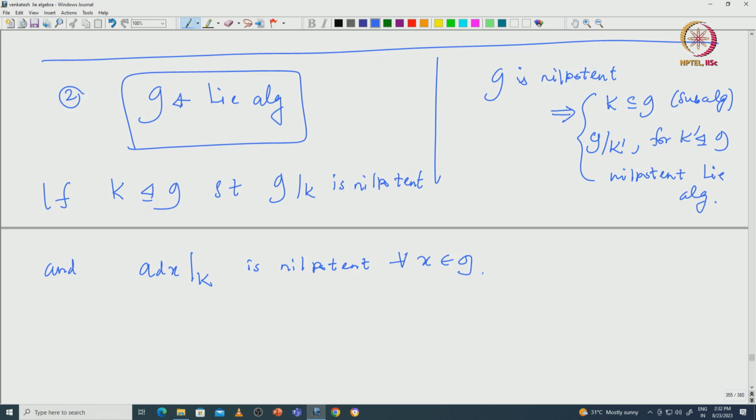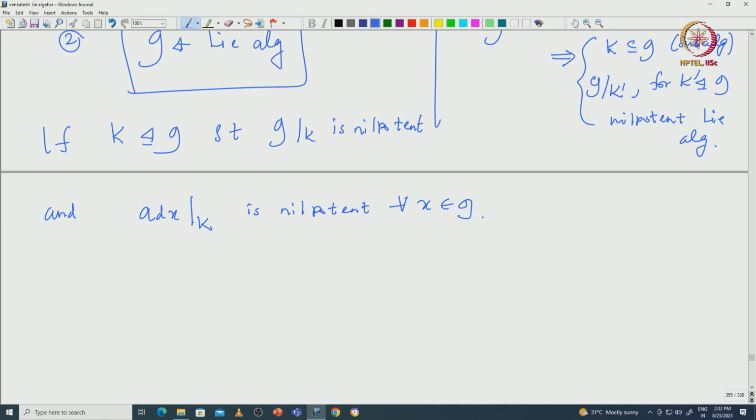So ad x restricted to K will map K to K because K is an ideal inside G. So then, with this hypothesis, we want to claim that G must be nilpotent.